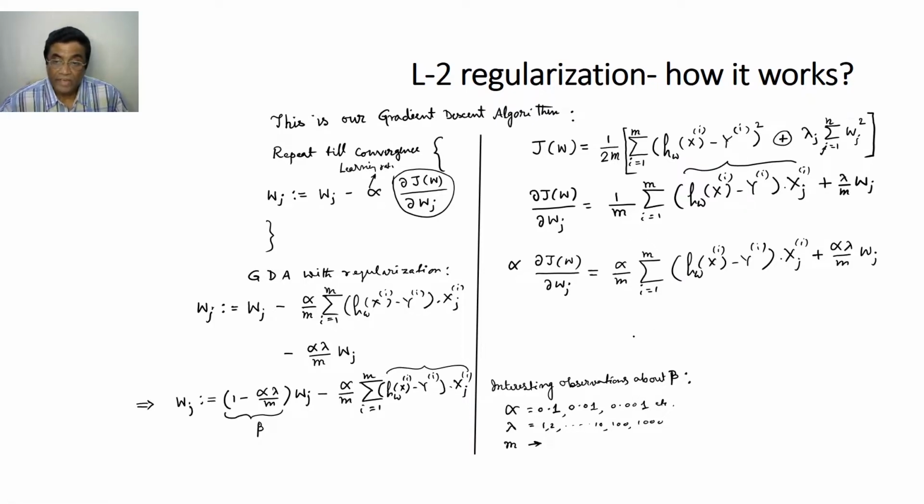Now, if m is really, really large, say 50,000 or a million, then irrespective of whatever the value is, this term is really very, very small. So what does it mean? I'm trying to show you pictorially.